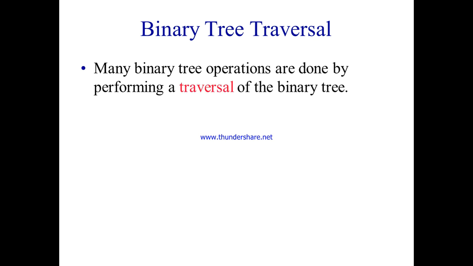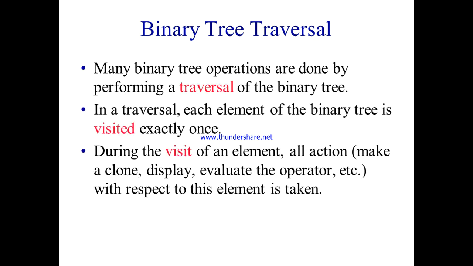There are three types mainly. What is traversal? Traversal means visiting the nodes of a binary tree; each element of the binary tree is visited exactly once. We have to visit every node of the binary tree, and that operation is said to be tree traversal.